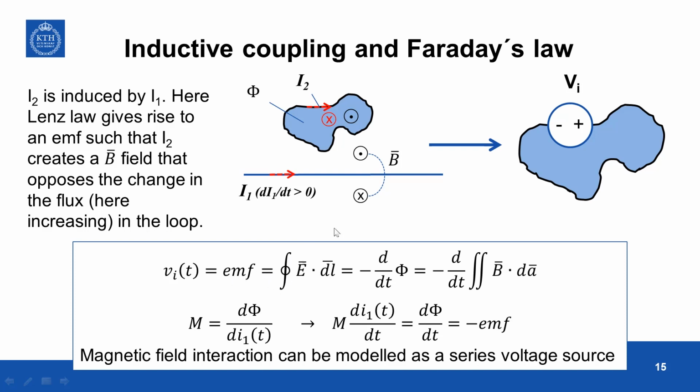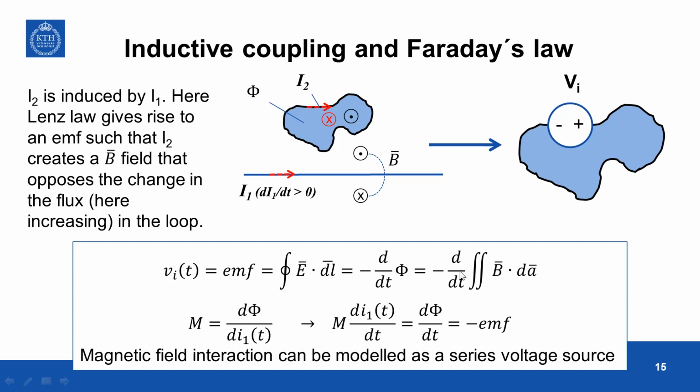The EMF is the closed line integral of E dot dl, which equals minus the rate of change of flux linking the circuit. The minus sign is there because whatever current it produces will create a magnetic field that opposes the original flux causing this current. So all these things we have seen.